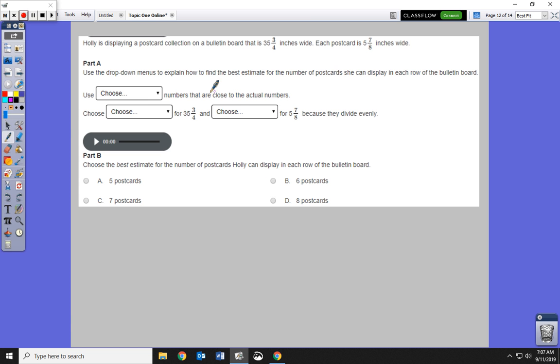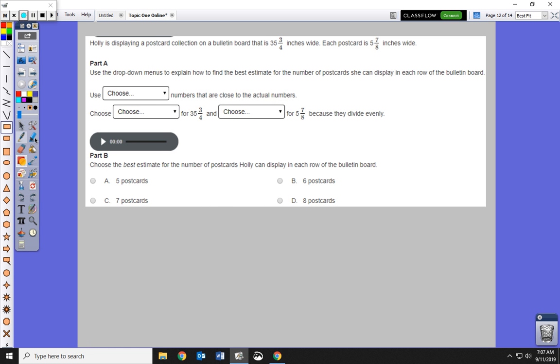It says Holly is displaying a postcard collection on a bulletin board that is 35 3/4 inches wide. Each postcard is 5 7/8 inches wide. So let's just make a little drawing here of this bulletin board that she has.